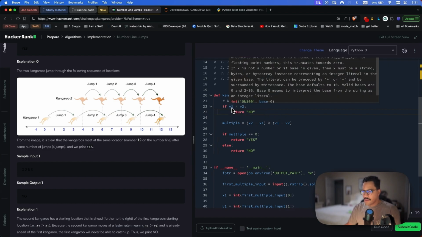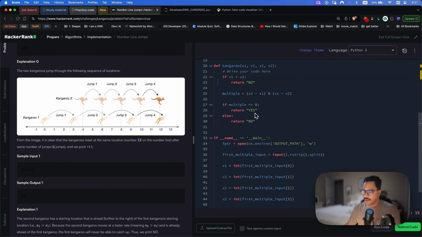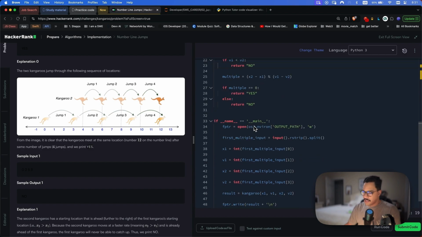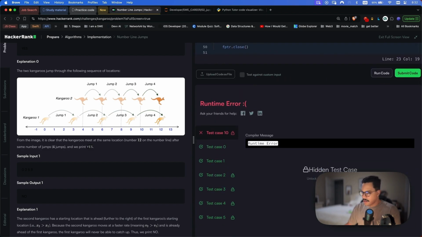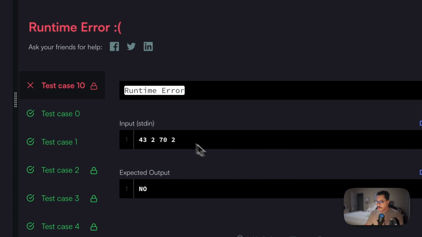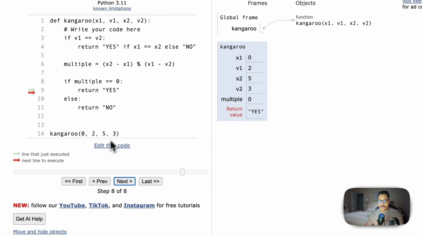But if the velocity of the first kangaroo is less than the second kangaroo, you can immediately just return no, because the second kangaroo would never catch up. Right? That's what I think. I don't know. Let's unlock. I'm gonna pay the 5 hackos or whatever to see the edge case, because I want to see this test case.